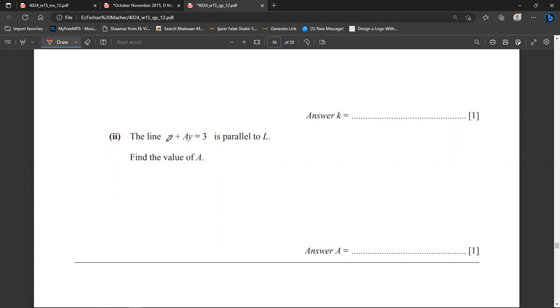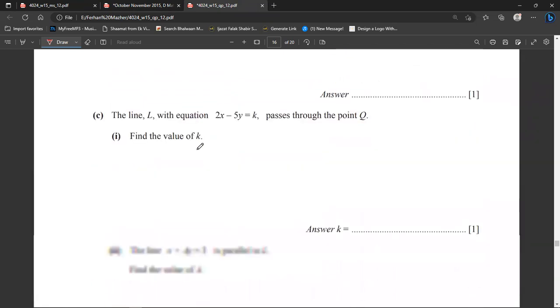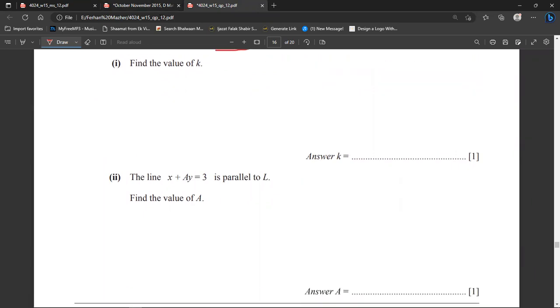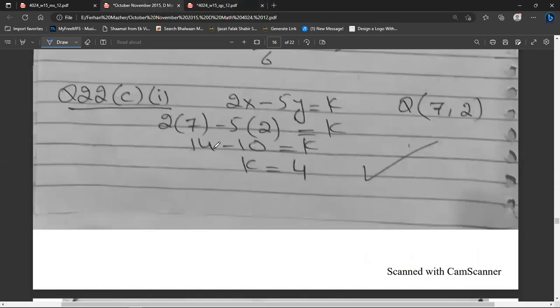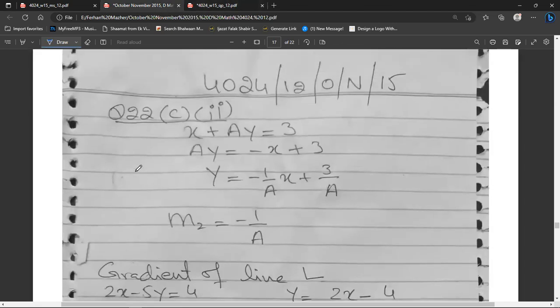Okay, from this equation, I will find the gradient of this line, and I will be able to find the gradient of the line L. Then I will make both the gradients the same, and then I will be able to find the value of this capital A. If the equation is given, to find the gradient of the line, you make y alone on one side. When you make y positive and alone on one side, on the other side, the coefficient of x will be the gradient. So let me do this with this equation.